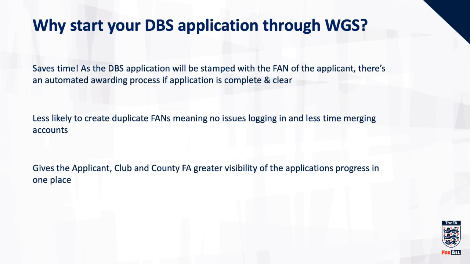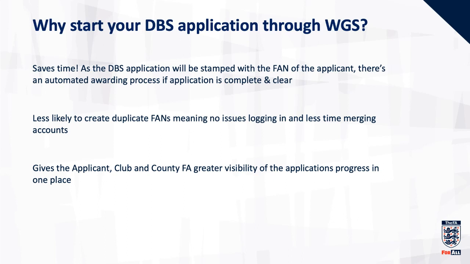Starting a DBS within the Wholegame system means that the application is stamped with the FAN record of the applicant. So in the past, once we've gone through GBG and the complete and clear has come through, you've got your certificate, and you then had to wait for somebody at GBG to log into our system and assign that person their updated DBS check. What we do by starting in the Wholegame system, as soon as that application comes back as complete and clear, it's an automated process.